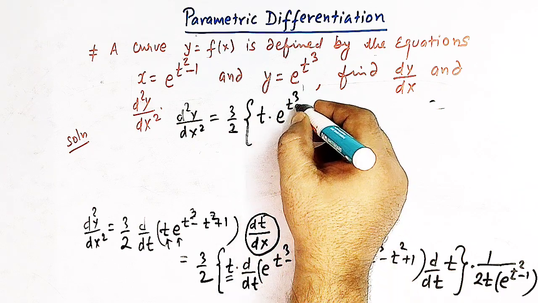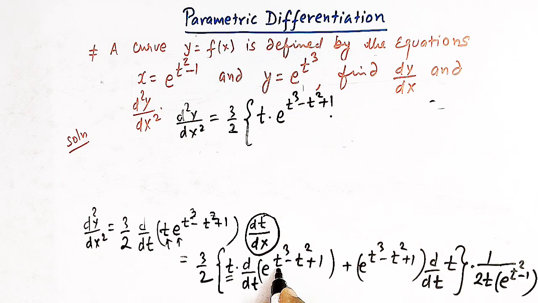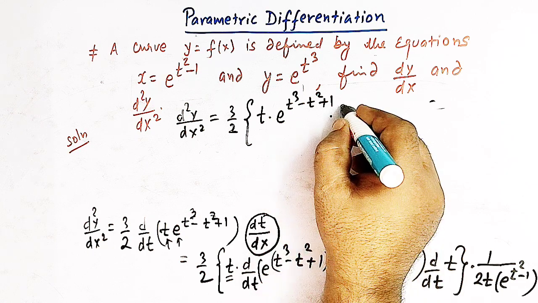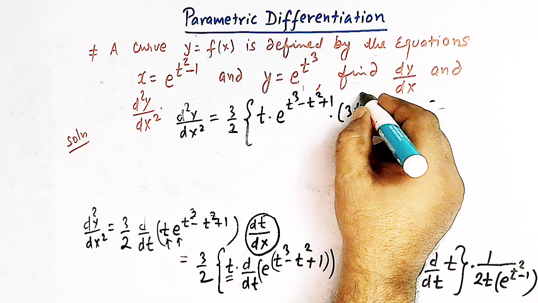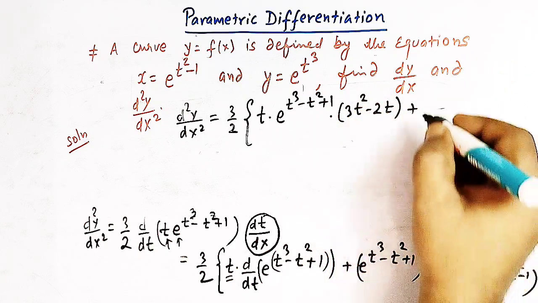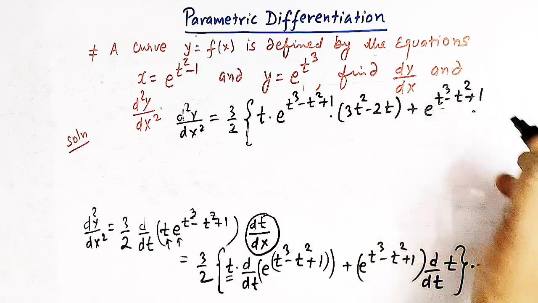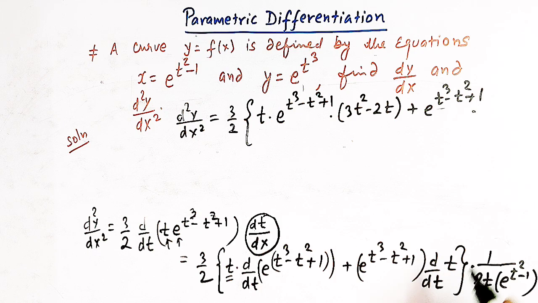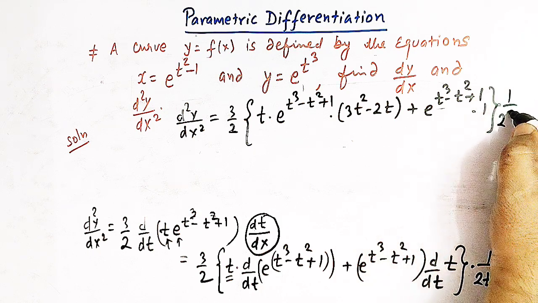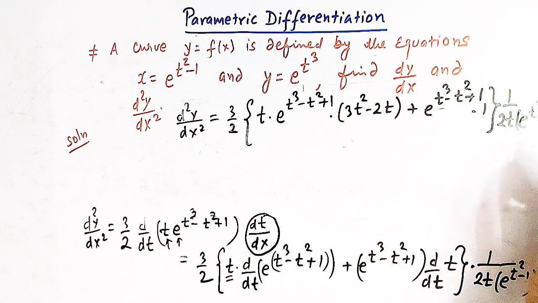So we have e raised to t cube minus t square plus 1, and then by chain rule the derivative of t cube minus t square plus 1 is 3t square minus 2t. And then we have here e raised to t cube minus t square plus 1 times the derivative of t with respect to t, which is 1, and here we have 1 over 2t and e raised to t square minus 1.